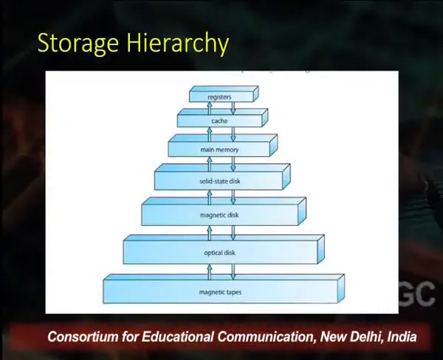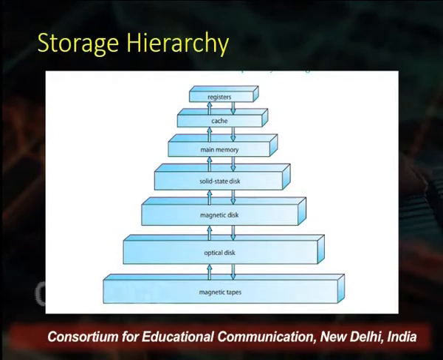Now coming to the hierarchy of the storage. If you can see on the screen, there is a figure which says registers, then we have cache memory, then main memory and other memories, and last we have magnetic tapes. So this is a storage hierarchy.